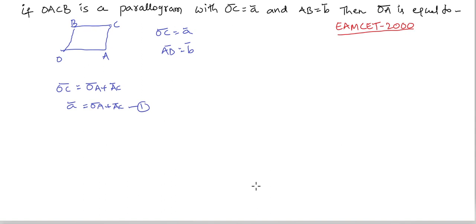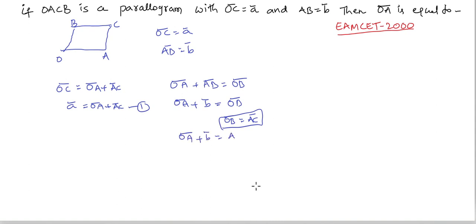And OA bar plus AB bar is equal to OB bar. AB bar is given, that is OA bar plus b bar is equal to OB bar. From the figure, OB bar is equal to AC bar. Substituting this value in this equation, OA bar plus b bar is equal to AC bar. This is the second equation. So add these two equations.